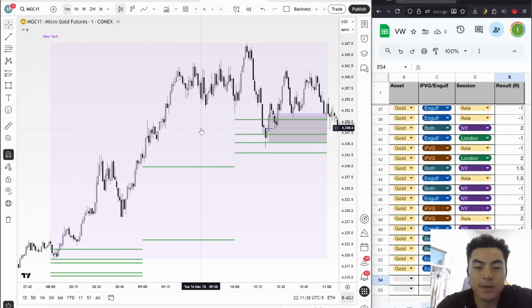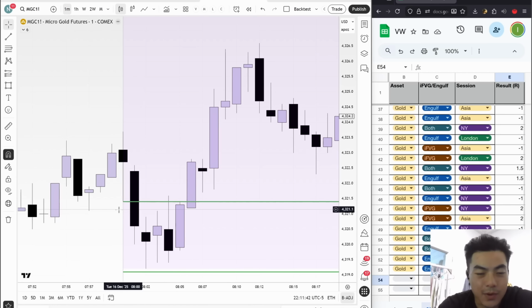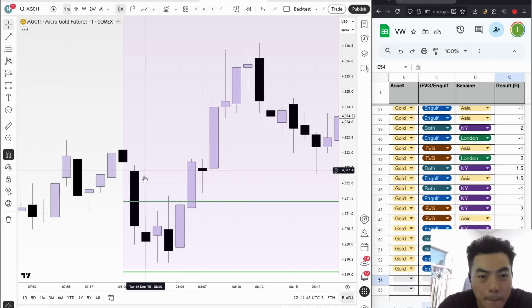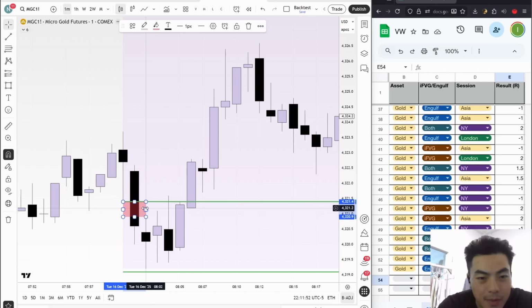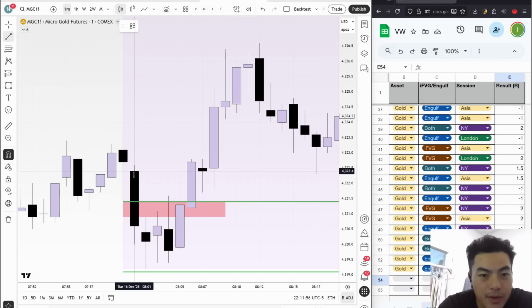Right. Others. Oh yeah, nice one here. Start of New York. Candle opens, strong close below, and then inverse fair value gap here as well, or engulf this candle.